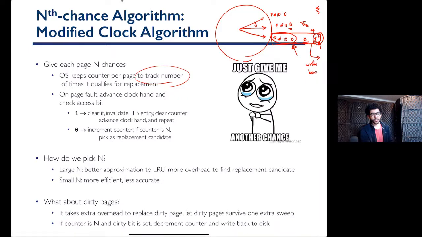I can start writing this back to the disk, but not wait for it, advance my head and search for another victim. So instead of fixating on this page, I can go and find some other victim that doesn't have a dirty bit, because that's less expensive than waiting for this page to be written to the disk.